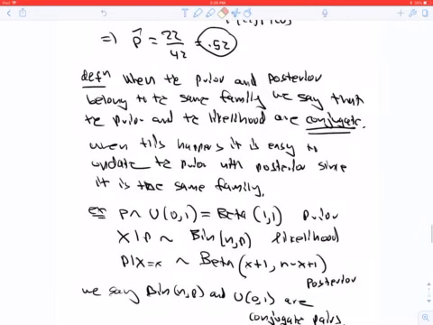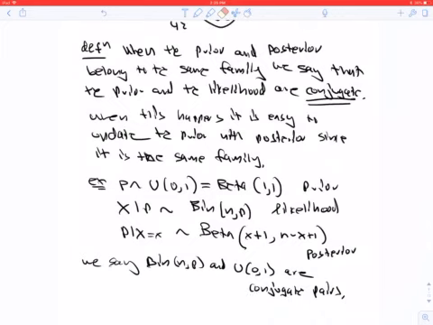Now, when the prior and the posterior belong to the same family, in this previous case, both beta, because the uniform is beta(1, 1), we say that the prior and the likelihood are conjugate.